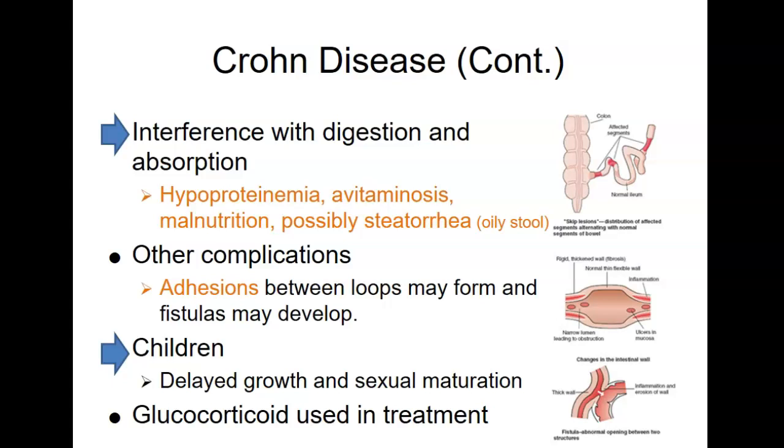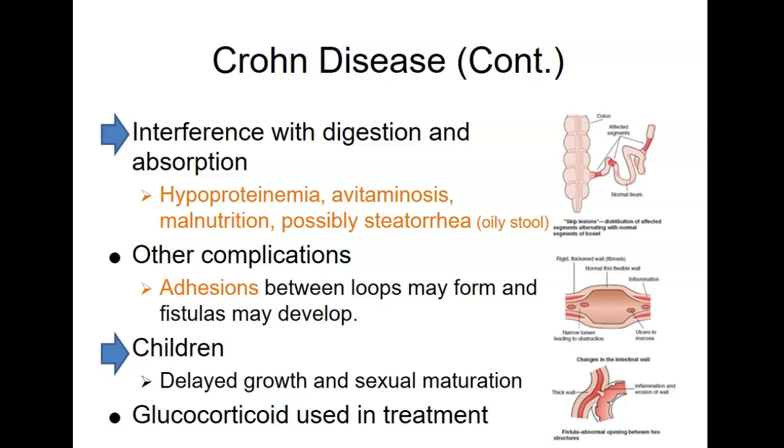The transporters get wiped out so you don't take in the nutrients that you need. So quite often people develop hypoproteinemia, they're not taking in protein. Avitaminosis, they can't absorb vitamins. Just general malnutrition. And they develop something called steatorrhea, which is a very oily stool. It's really greasy diarrhea, which happens because they're unable to absorb the chylomicrons, which are basically the fat emulsified by the bile.